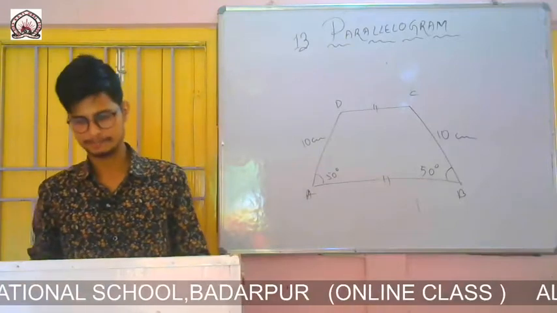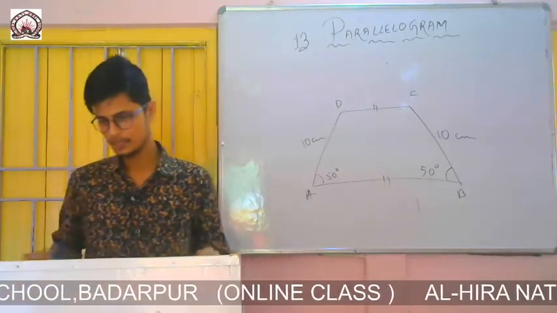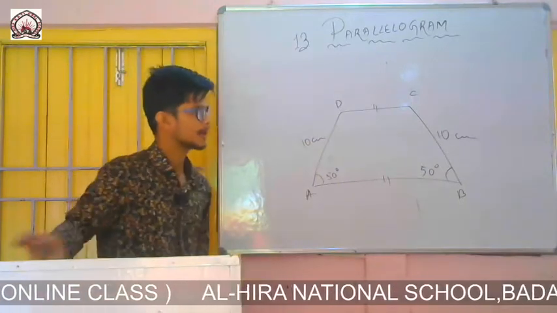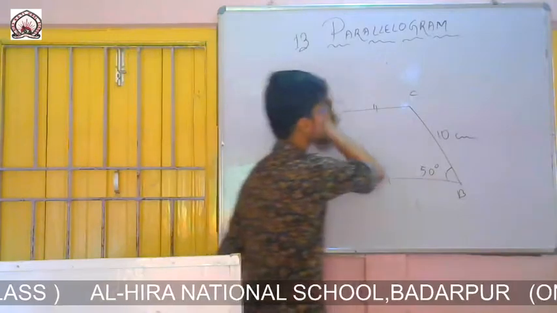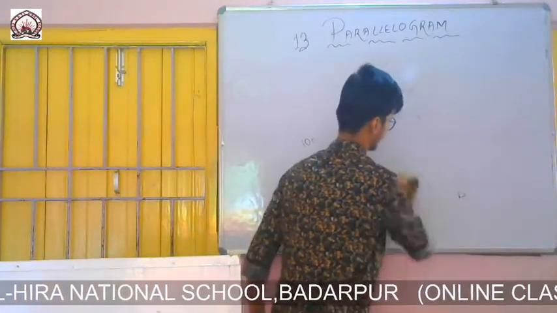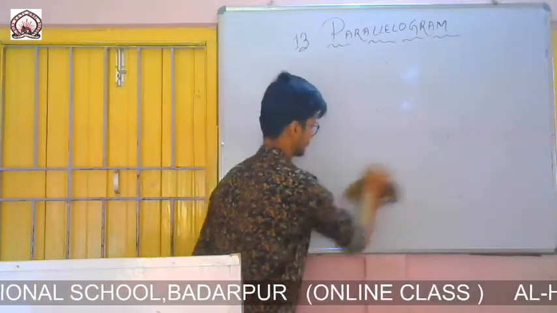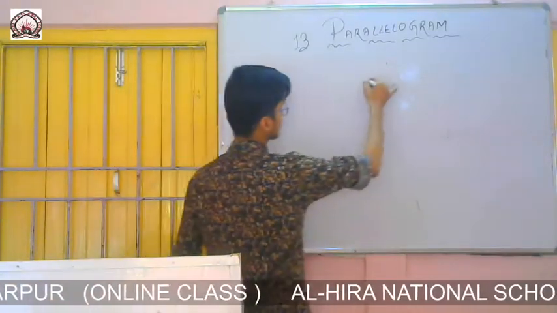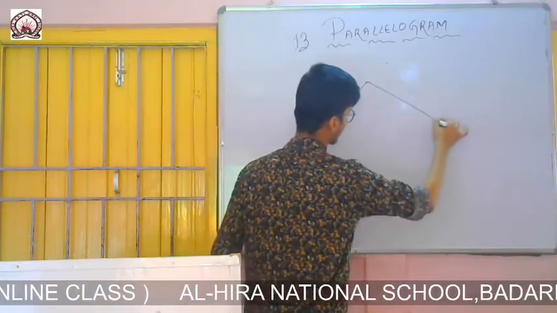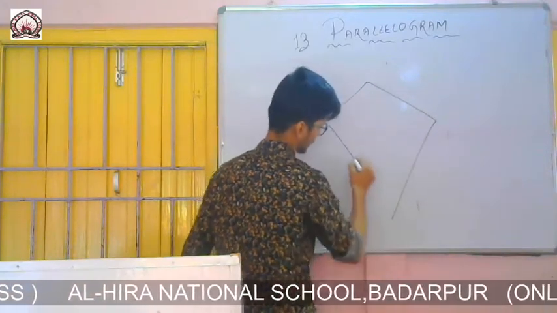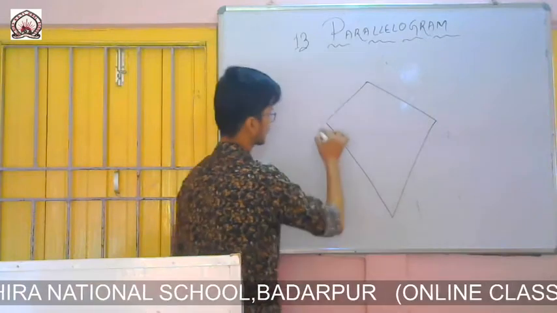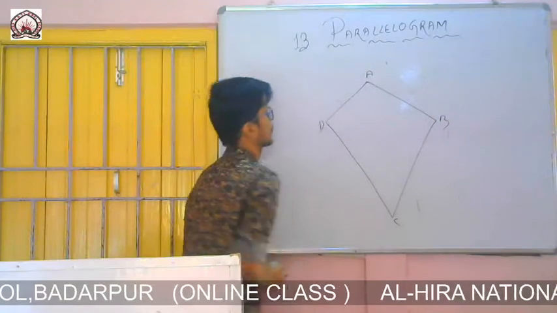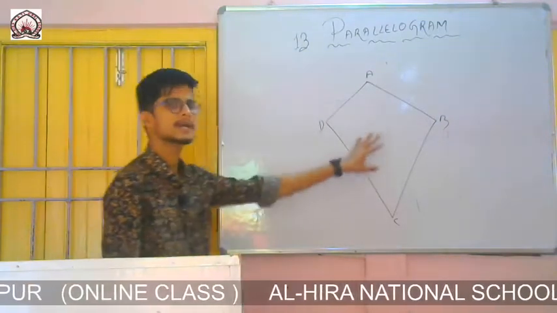Then a kite, a quadrilateral in which two pairs of adjacent sides are equal. You see this one, it is a kite.